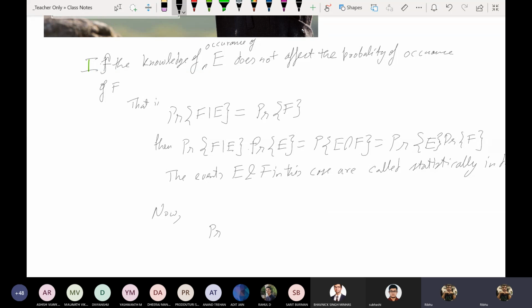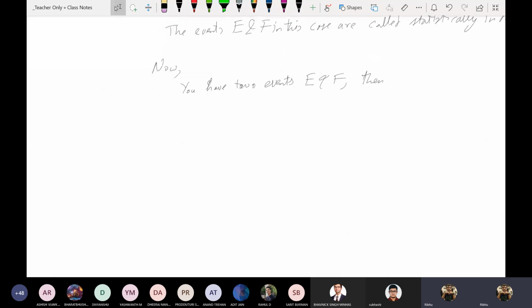Probability of E, I can write it like this: you have two events E and F, then better write it mathematically.